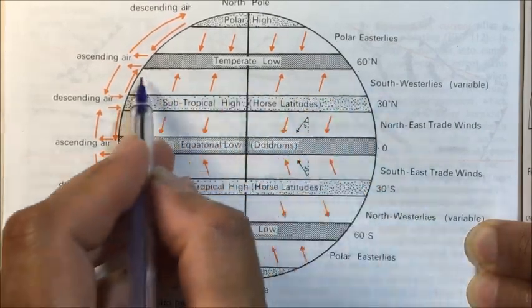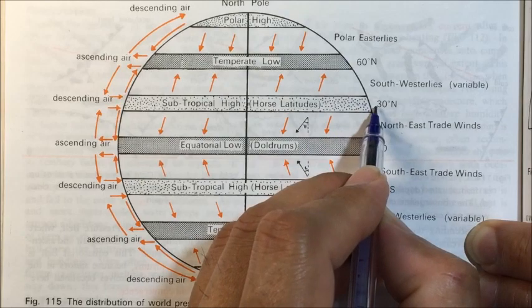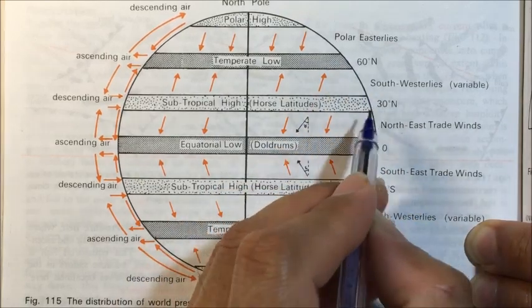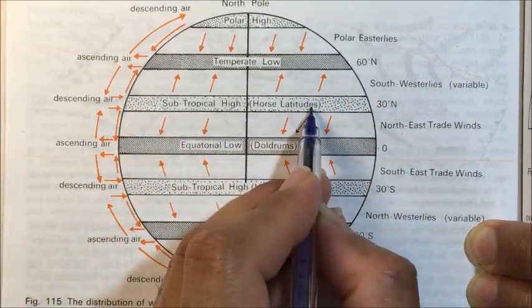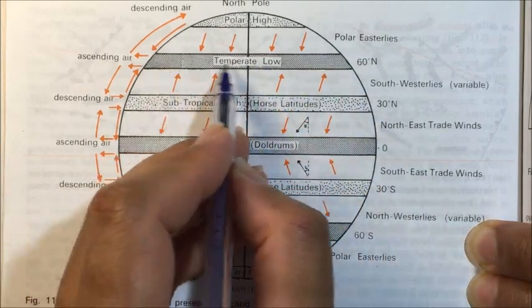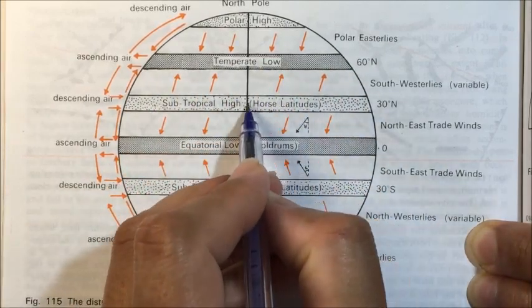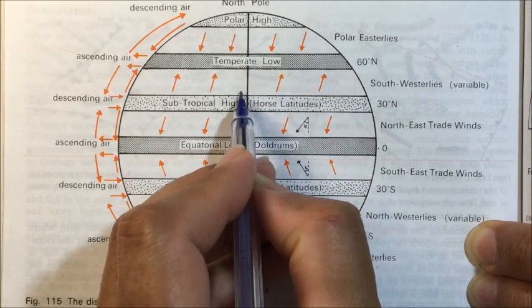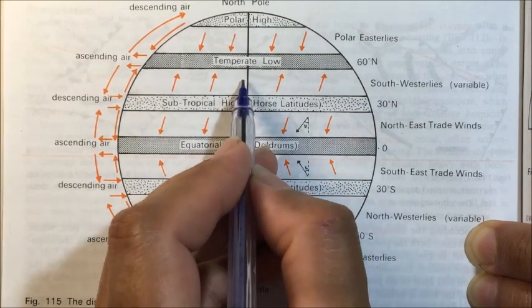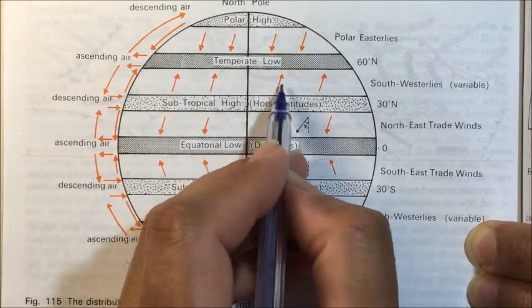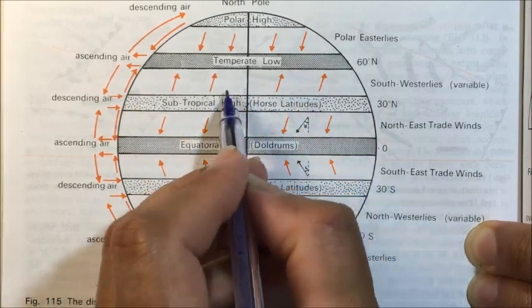Now here, the second one, between 30 degree and 60 degree. Here we have the subtropical high pressure belt and here the temperate low pressure belt. So wind will flow from high pressure belt towards the low pressure. Due to the Coriolis effect, the wind will get deflected towards the right and there will be more deflection.